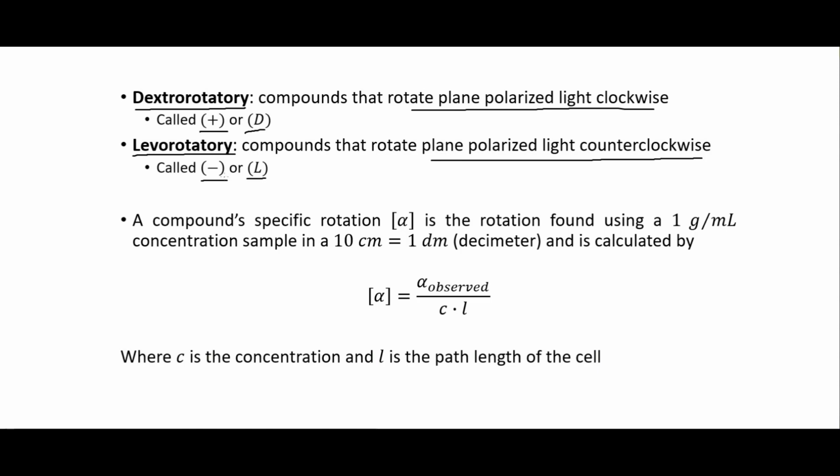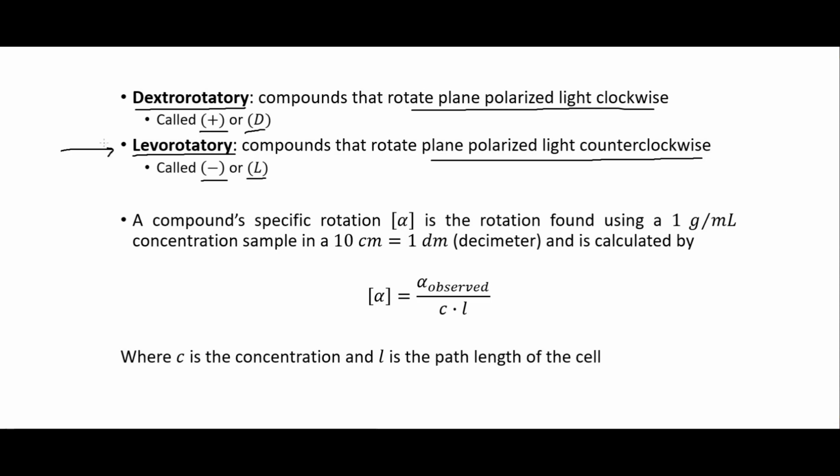And so if you have looked into supplements and stuff, you may have seen amino acids listed as L-whatever the amino acid is, and that's because all the amino acids that all life on Earth uses are levorotatory, and so that's what that L means. It's just telling you about the enantiomer that's actually present in it.